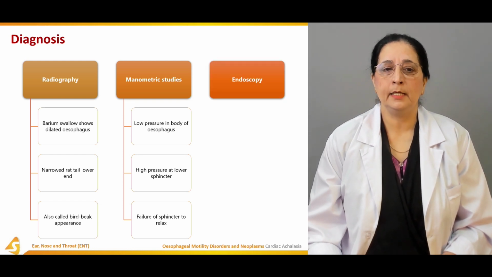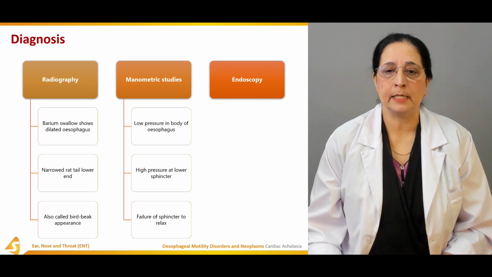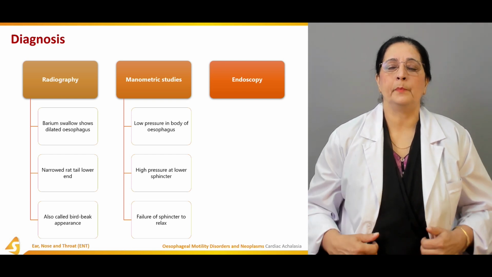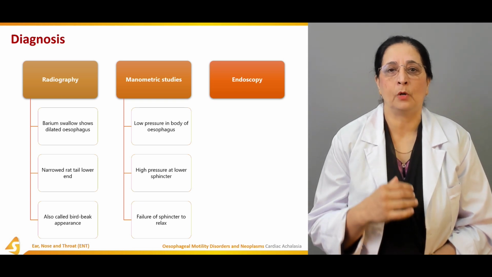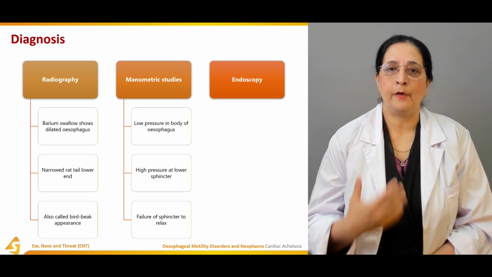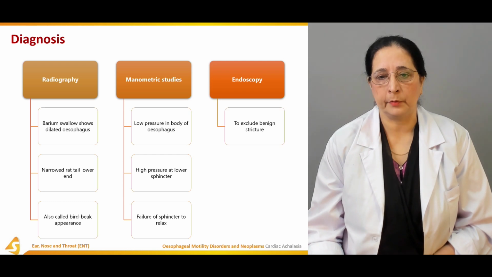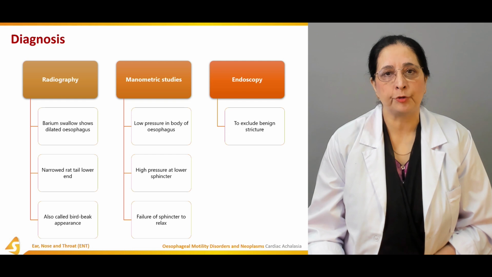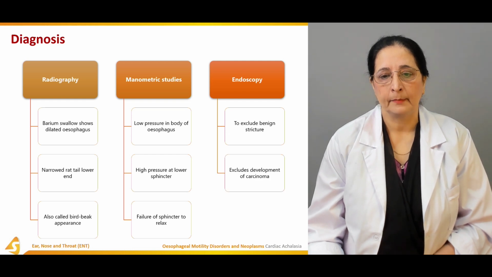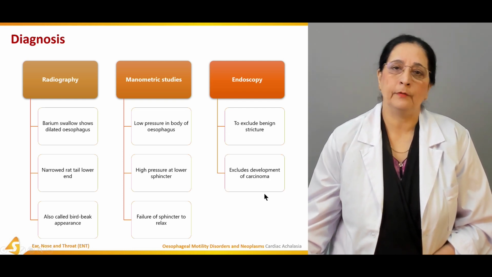Then the other study for the diagnosis is endoscopy. Endoscopy is performed, and direct visualization of the esophagus is done to find out what the problem is. So endoscopy is done to exclude any benign stricture of the esophagus and to exclude development of carcinoma.